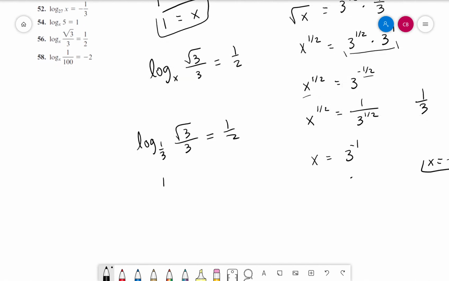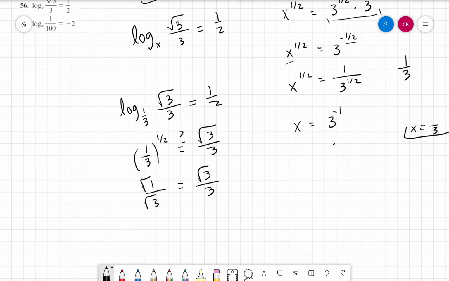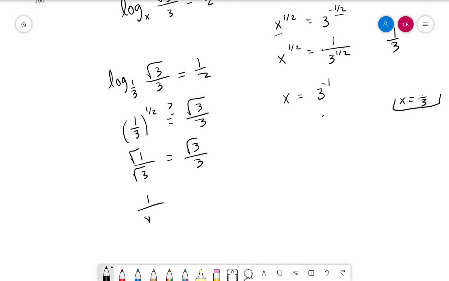So this means 1/3 to the 1/2 is equal to the square root of 3 over 3, question mark. We're not sure yet. Remember, 1/2 is just the square root. So this is the square root of 1 over 3, which is 1 over the square root of 3, is equal to the square root of 3 over 3.